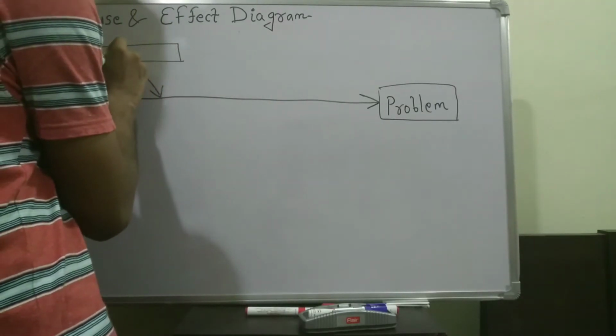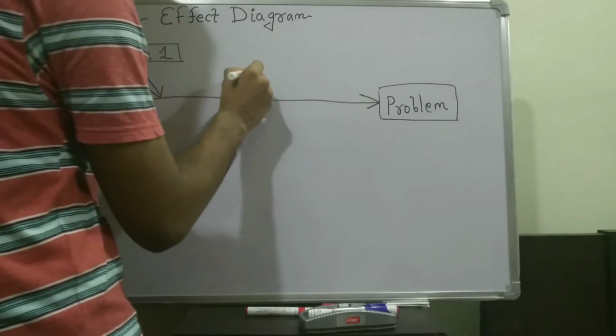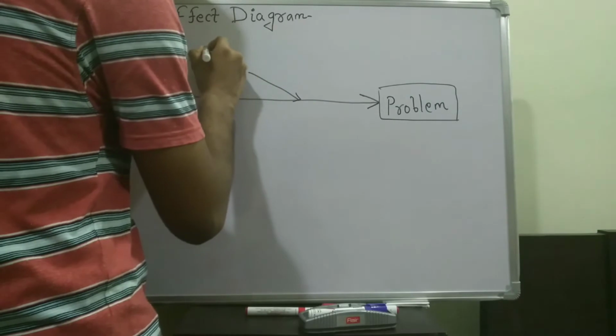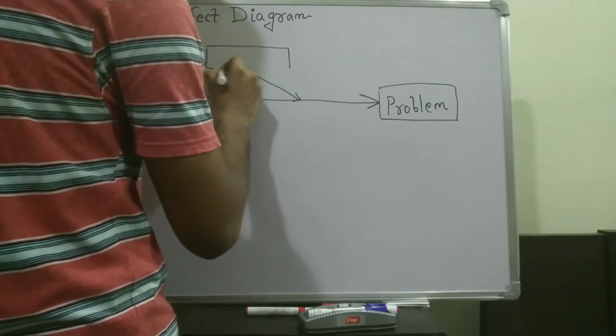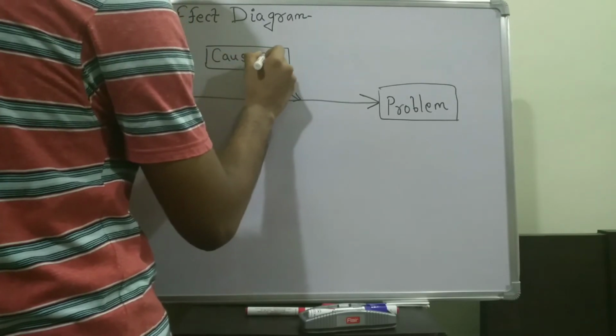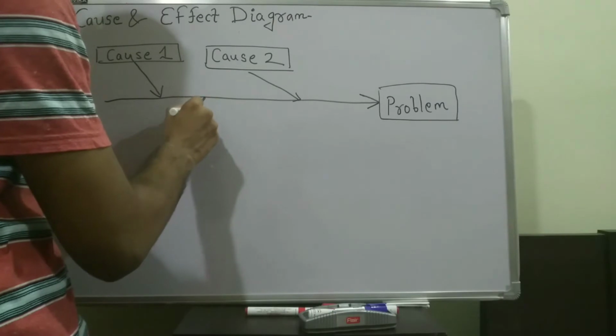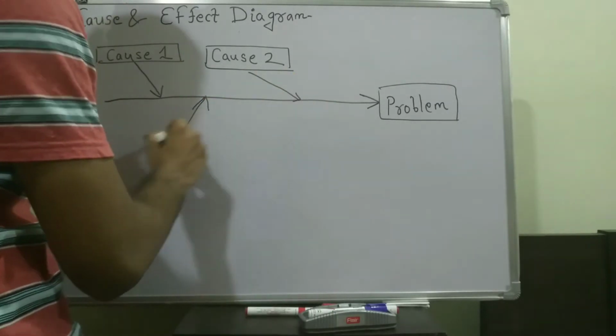Here we write cause 1, suppose, then again a cause inside a rectangular box, cause 2. Similarly, again an arrow towards that horizontal arrow.